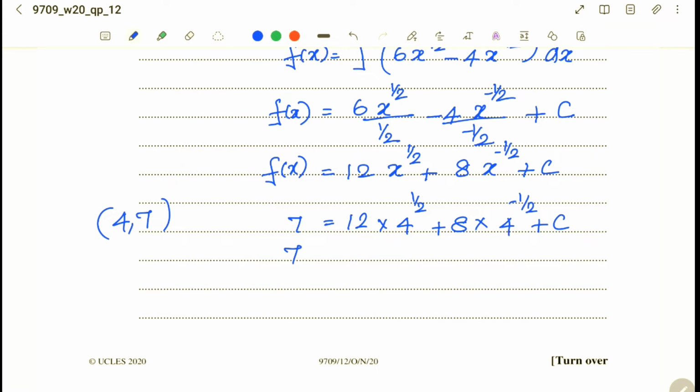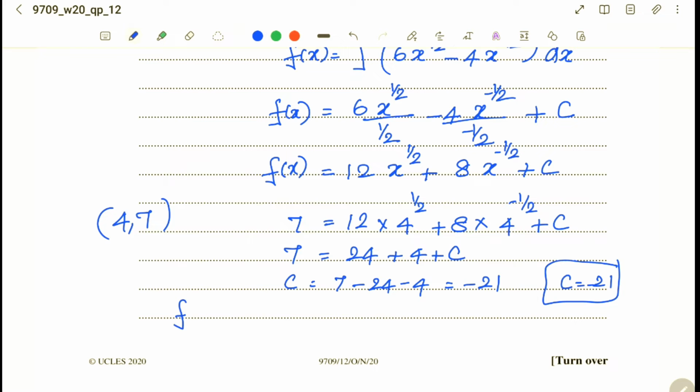So 7 equals 24 plus 8 divided by 2, so plus 4, plus c. So c is equal to 7 minus 24 minus 4, which equals minus 21. So c is equal to negative 21.